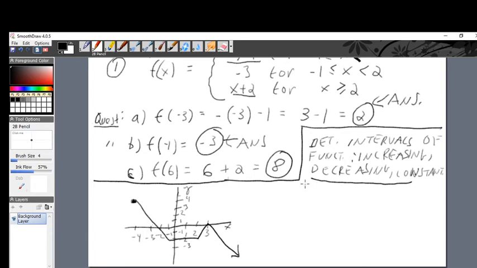If it is down, left to right, then it is decreasing.